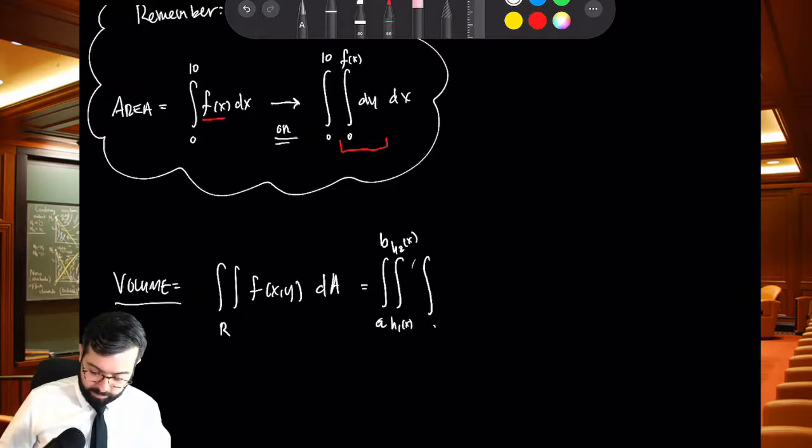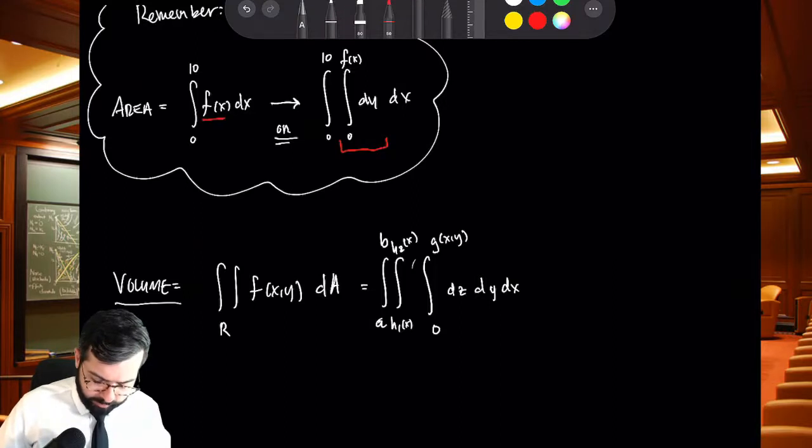Getting ahead of myself. From 0 to some g of xy dz dy dx. And I seem to have switched variables. Hold on a moment here. Yeah, this up here should not be f. I didn't want to change the name of the function. That should be an f right here.